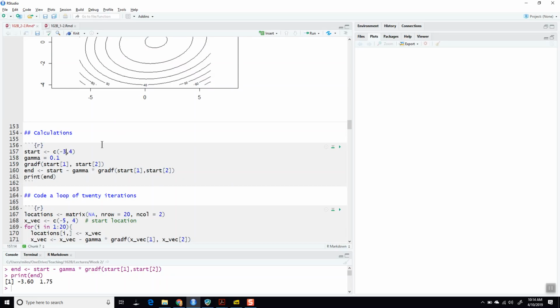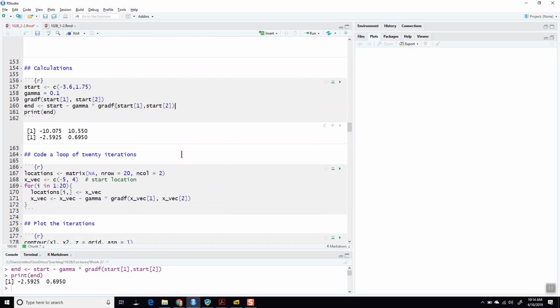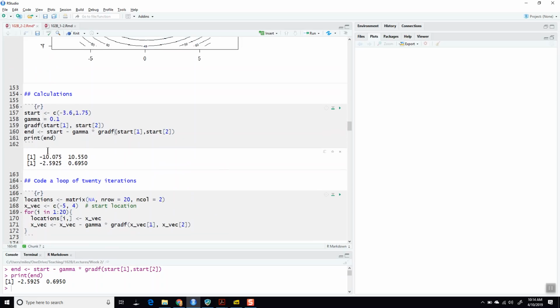Next iteration is negative 3.6, 1.75, okay? And so the gradient at negative 3.6 and 1.75 is negative 10.075 and 10.55, and then the location after that will just be that, okay? Calculations at the next iteration.